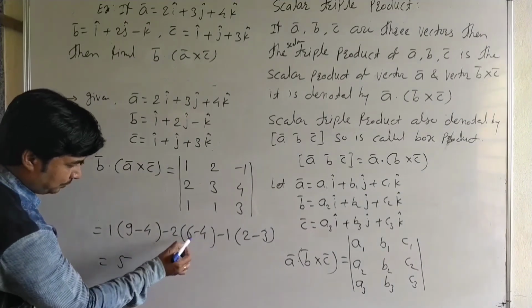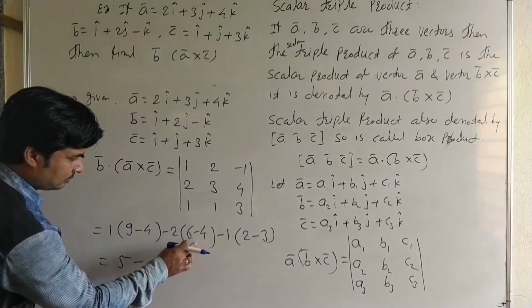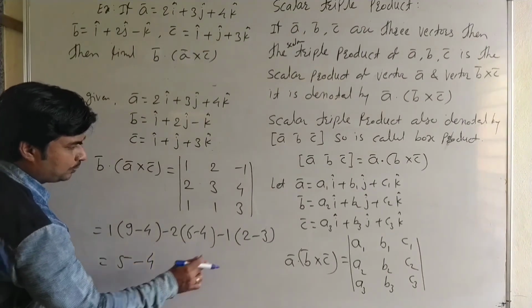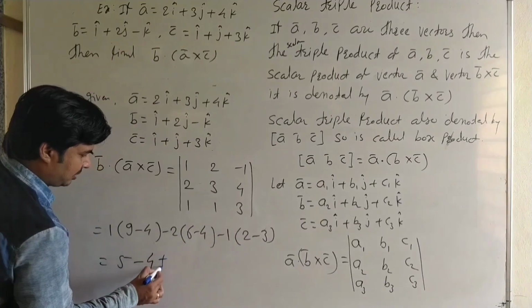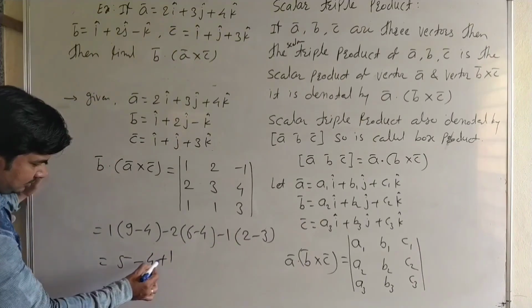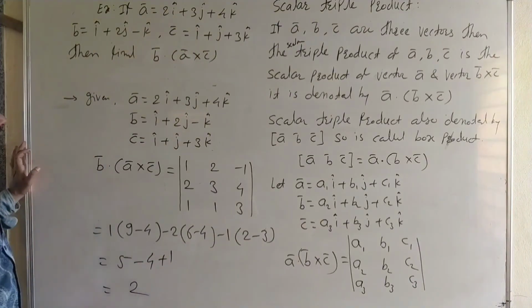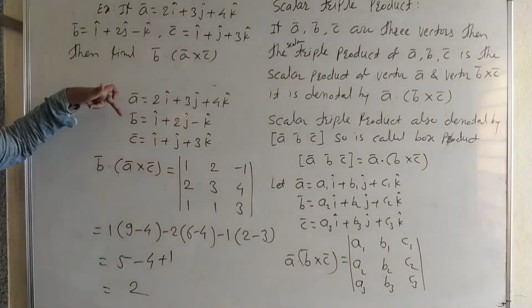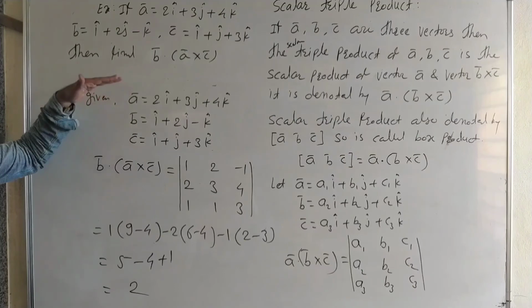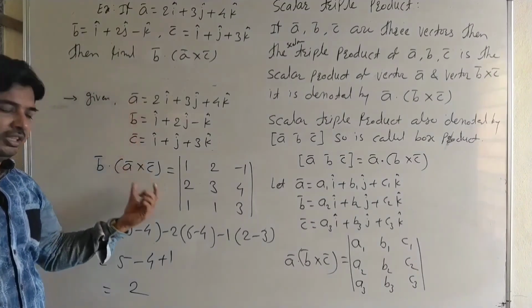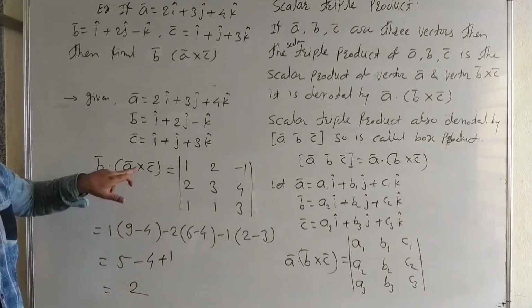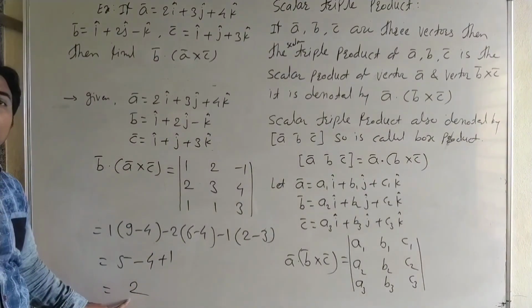Then see carefully, 2 into minus 2, minus 4. And then minus 1 into minus 1, it is plus 1. And then the result is 2. In the last we found the triple product of A bar dot B bar cross C bar, the triple product of A, B, C, and we get minus 2. Here we find the triple product of B, A, C, and we get 2.